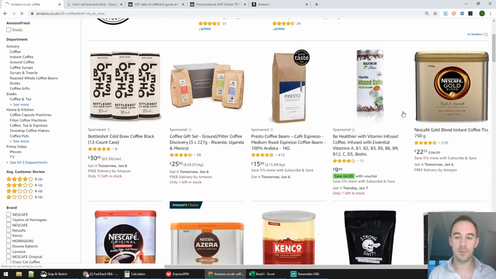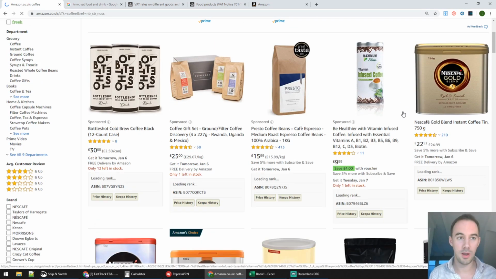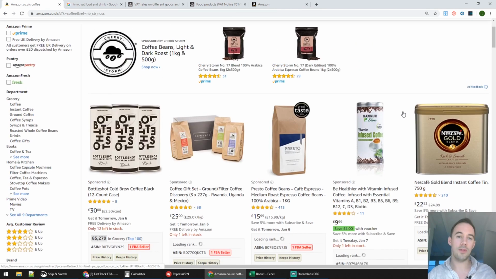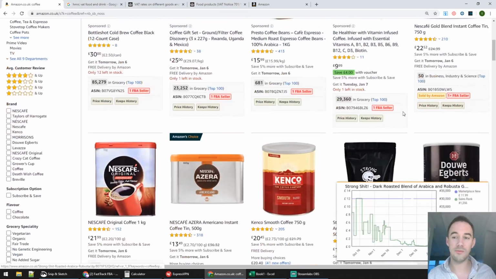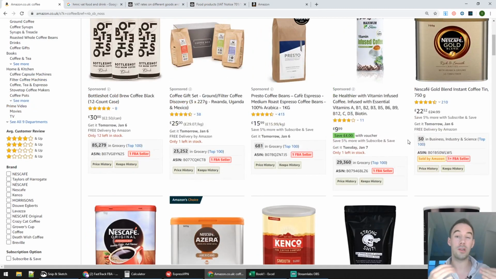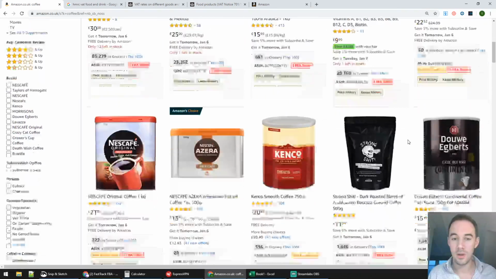I've got a couple of bits of coffee here, loaded into one of my Chrome profiles. The one thing I'd look at when I'm doing groceries, particularly replenishables, is a really good seller. I'm looking for volume, something which sells a lot. It doesn't have to be, but it can be. You can get lower sellers, as long as they're consistently selling.